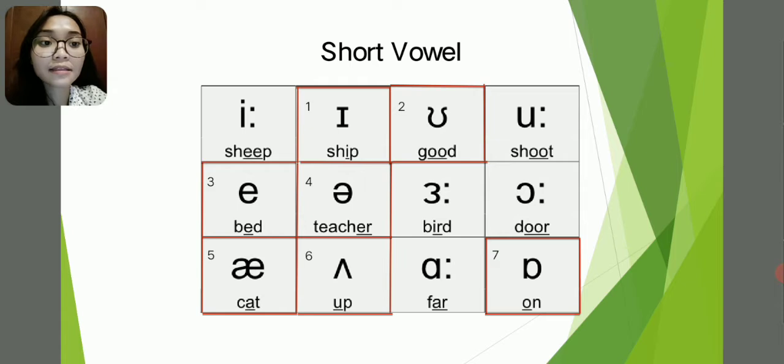The next is a, for example, cat. The next is uh, for example, up. The last is o, for example, on.